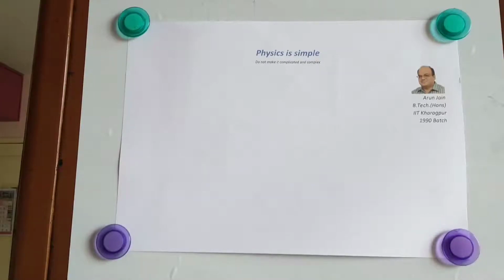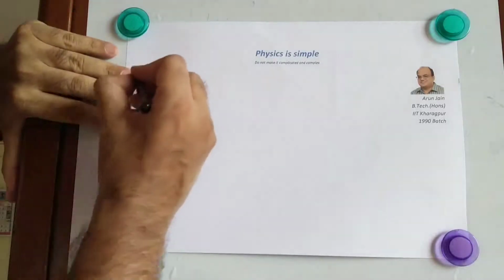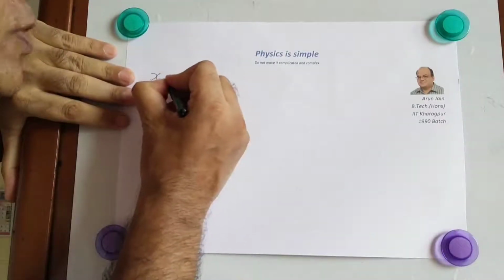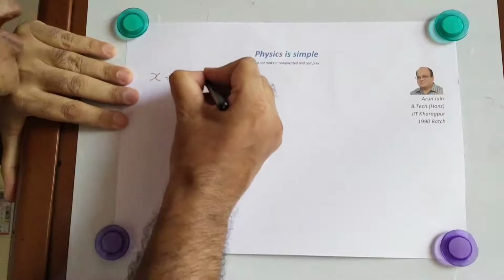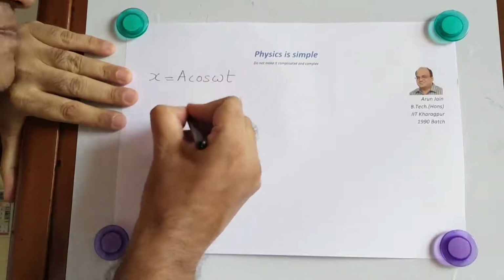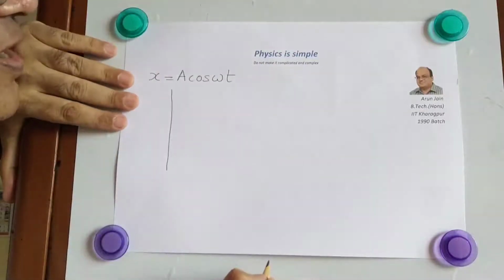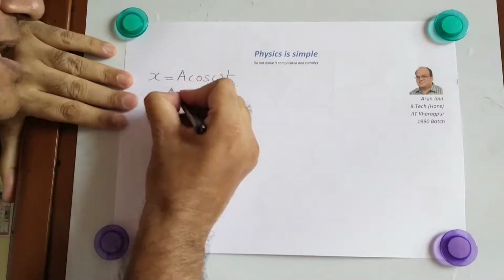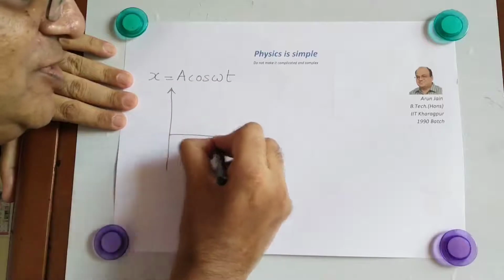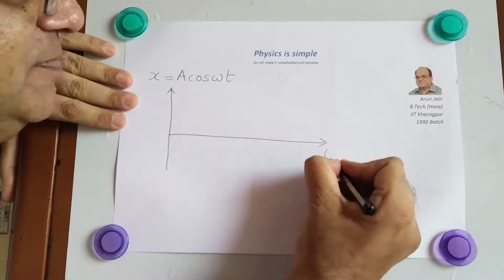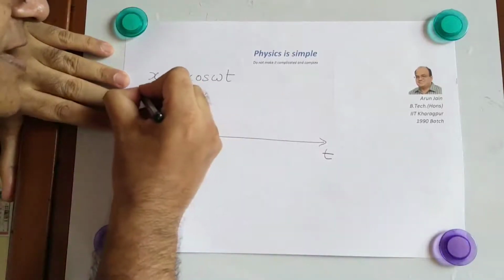Now if we make a graph of this energy with time, then it depends on whether you have taken x equal to a cos omega t or x equal to a sin omega t. Suppose this is x equal to a cos omega t first, and here we have got time. Here is energy.